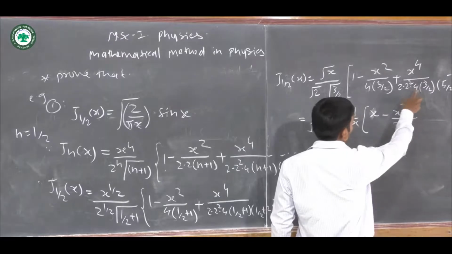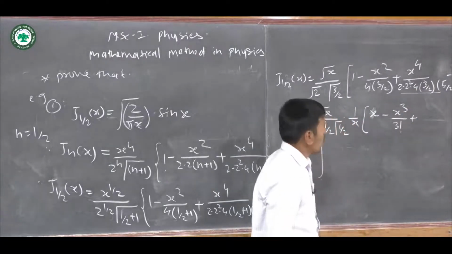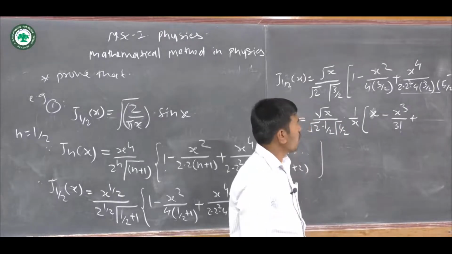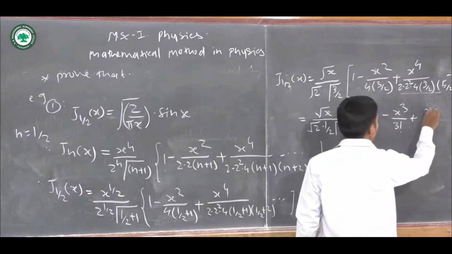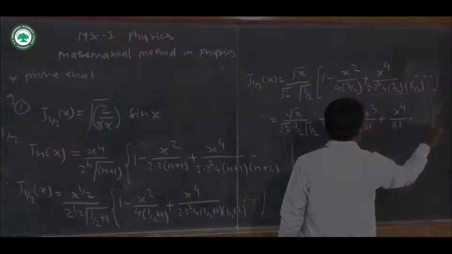Plus, if I simplify this denominator, here is 120 and this 120 is equal to 5 factorial. So it is x power 4 divided by 5 factorial and so on.